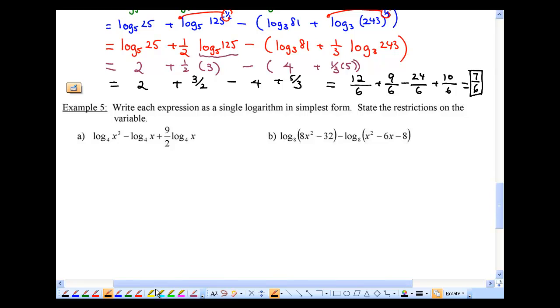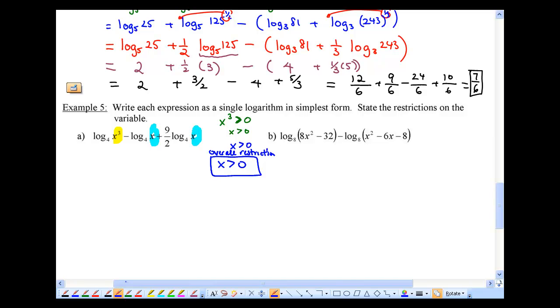So if I look at this one here, that means x cubed has to be bigger than 0. Not bigger or equal to, just bigger than. So of course that just simplifies to x is bigger than 0. Looking at these other ones here, that's just x by itself, so x must be bigger than 0. What's the overall restriction since both of them are x is bigger than 0? Well, how about x is bigger than 0? That's the overall restriction for our answer.